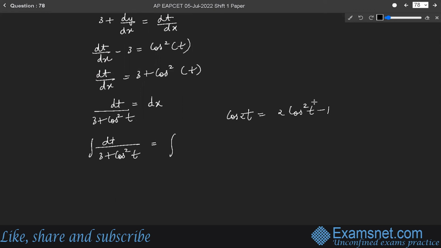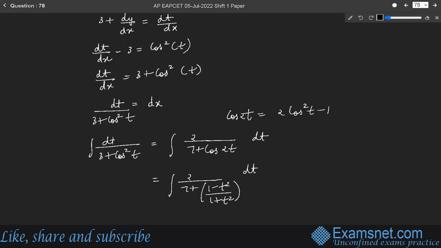it will be integral of 2 upon (7 plus cos 2t) dt. On further solving, it will be equal to integral of 2 upon (7 plus (1 minus t square) upon (1 plus t square)) dt.